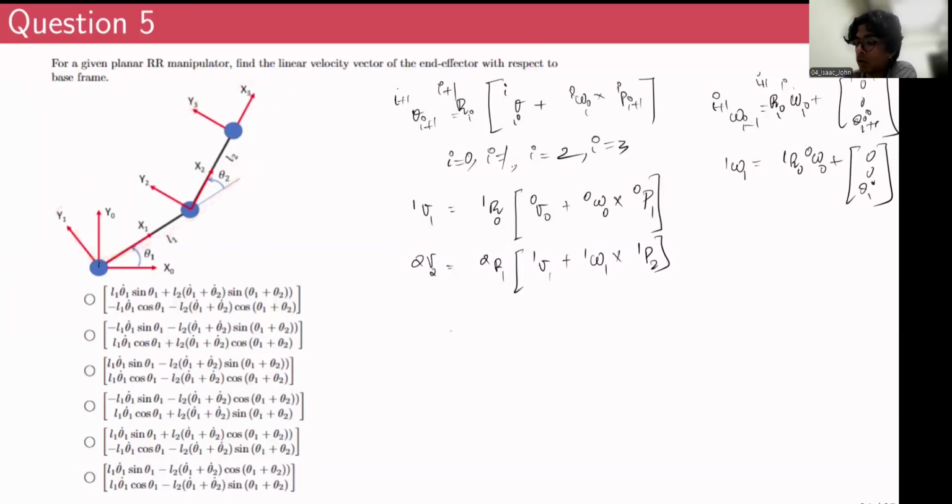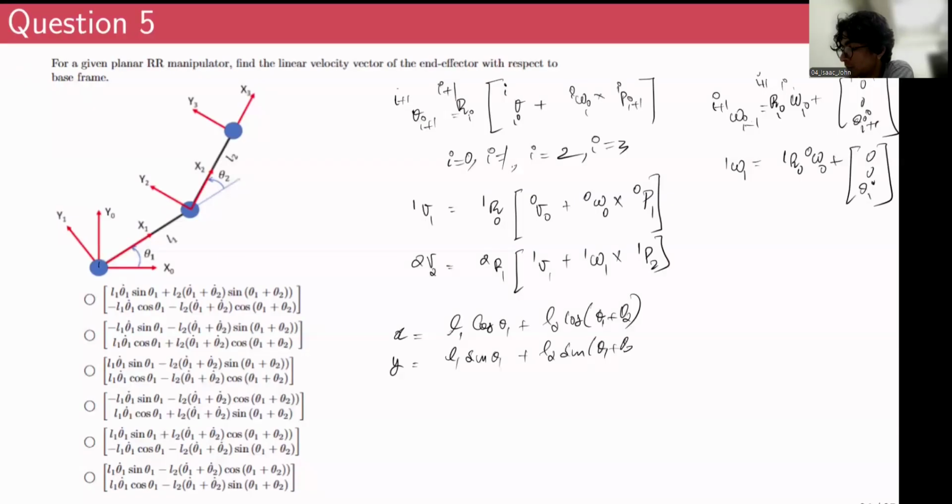a simple RR robot. It typically looks something like X is L1 cos theta 1 plus L2 cos (theta 1 plus theta 2), and Y would be L1 sine theta 1 plus L2 sine (theta 1 plus theta 2), right?